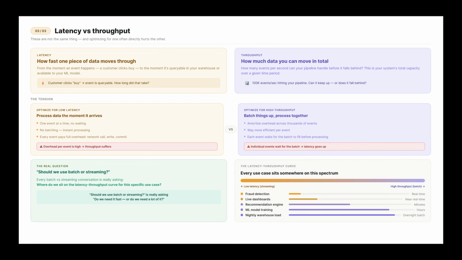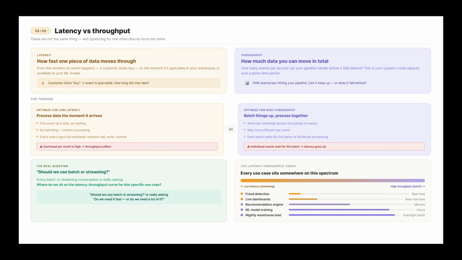If you want high throughput, you batch things up and process them together. You amortize the overhead across thousands or millions of events, way more efficient. But now each individual event has to wait for the batch to fill up before it gets processed. Your latency goes up. That trade-off is literally behind every batch versus streaming conversation you'll ever have.